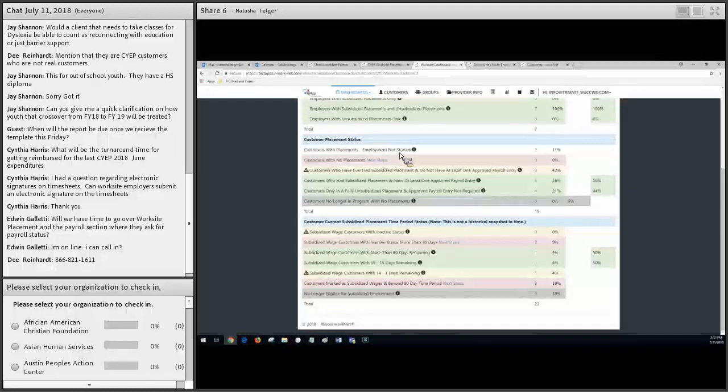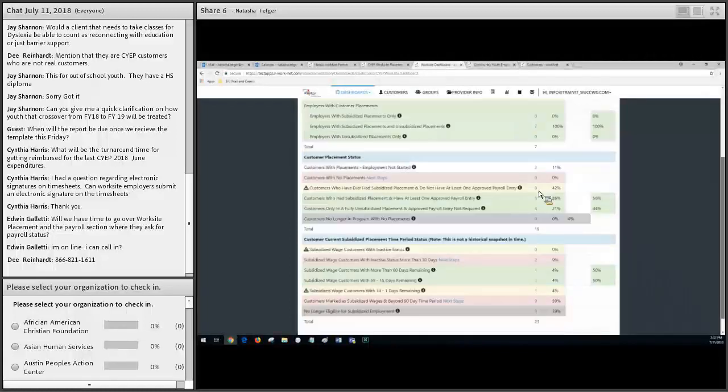So that's just to give us an overview of the employers. And then we have customers with placements, but they haven't started. I'm in test, no wonder those numbers look weird to me.